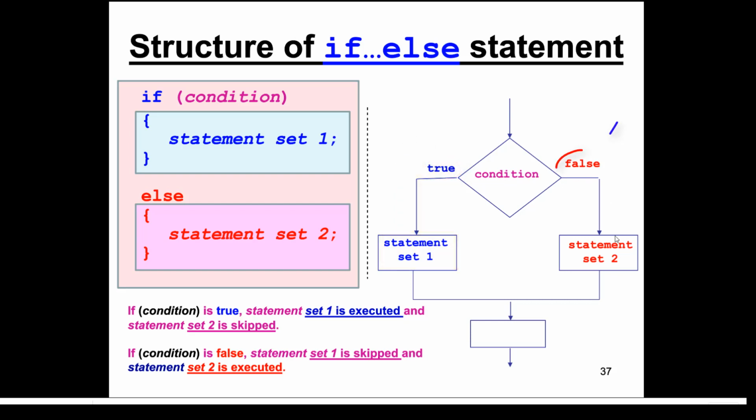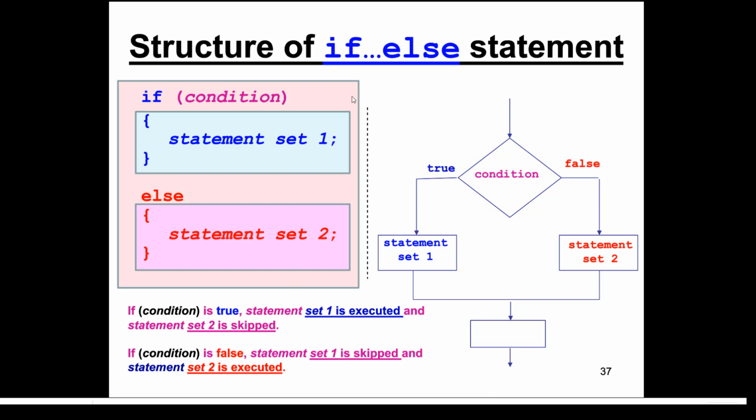If the condition is false, we execute statement set 2. So you cannot execute both sets of statements. Your program can only execute either one, depending on the condition. And then after that, you will carry on with the next set of statements in your program.